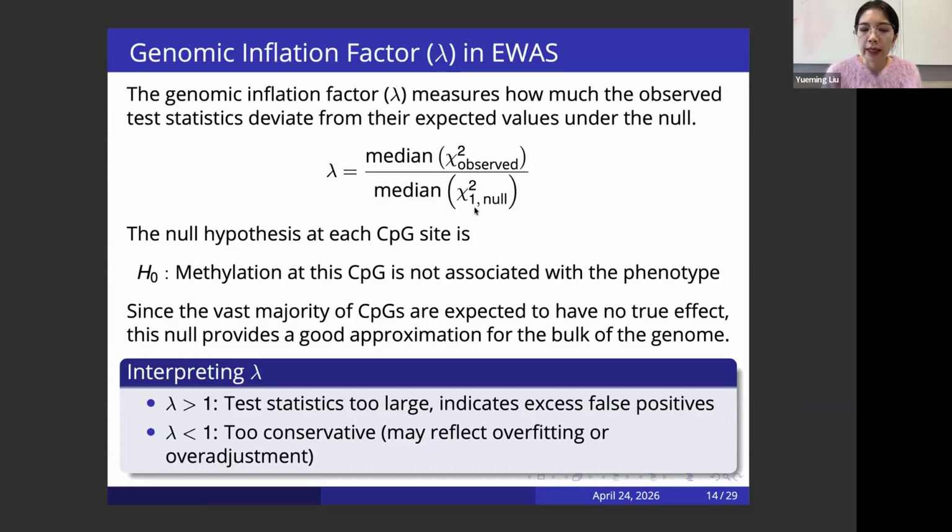The interpretation is that lambda greater than 1 indicates inflation and some residual confounding. If lambda is smaller than 1, it might be too conservative, with some overfitting or over-adjustment.